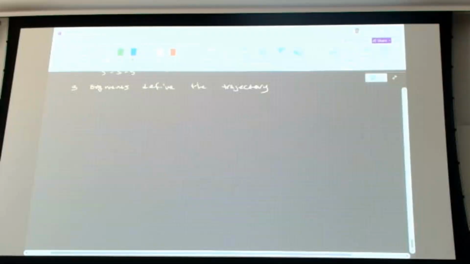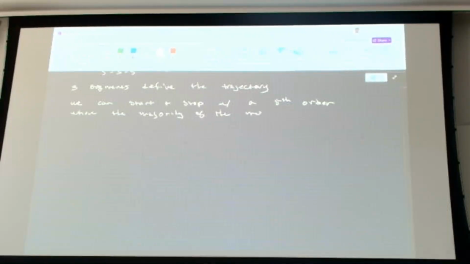We can start and stop with a 5th order, where the majority of the motion is a 3rd order.